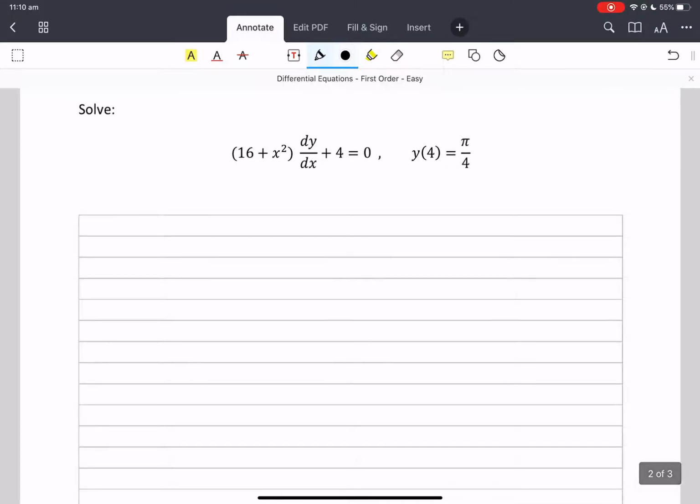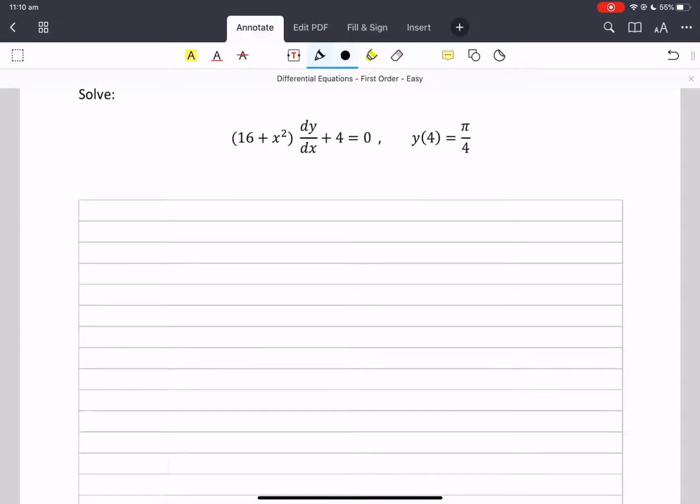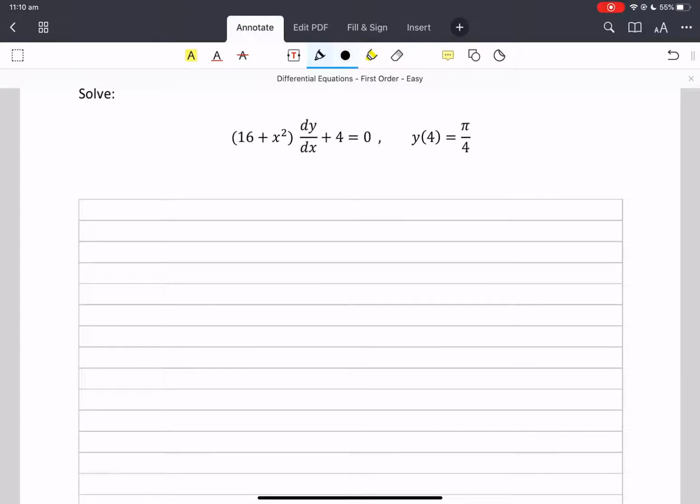Okay, solve again. It's a first order because that's just a first derivative. Let's see if we can knock this out in one line. So minus 4 on.